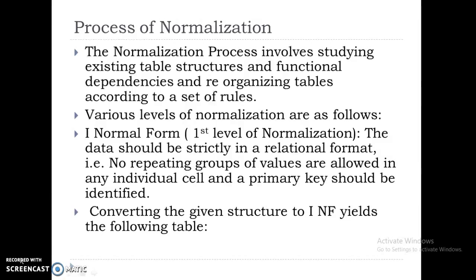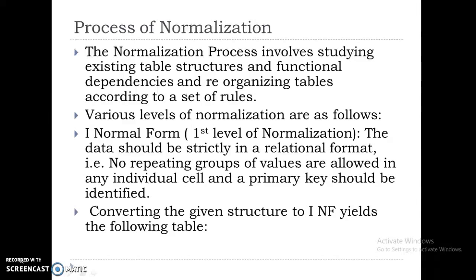The first basic level is the first level of normalization, also referred to as the first normal form, which is pretty straightforward. What first normal form means is that whatever data we have within our table should strictly follow the rules for a relational model. Now, the relational model is what was actually proposed by E.F. Codd as a method for storing huge data banks.